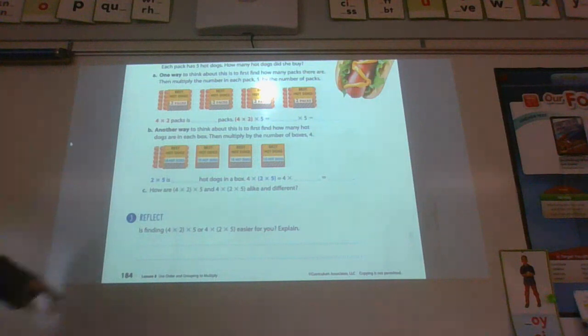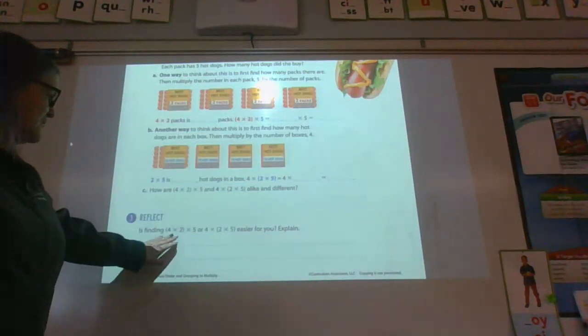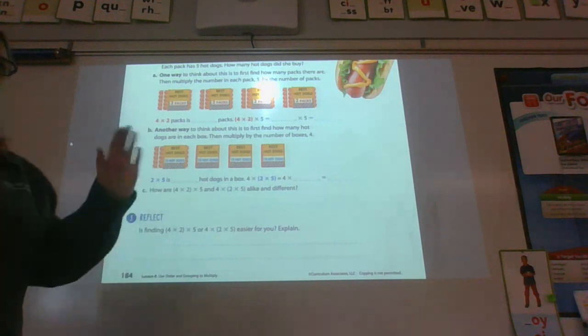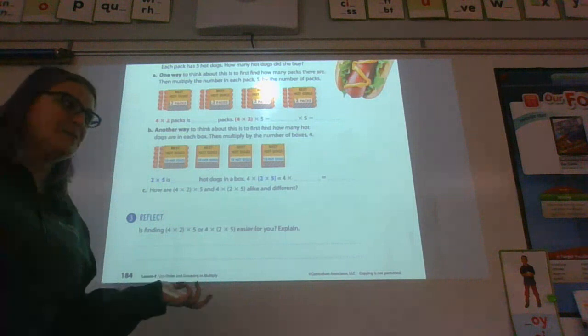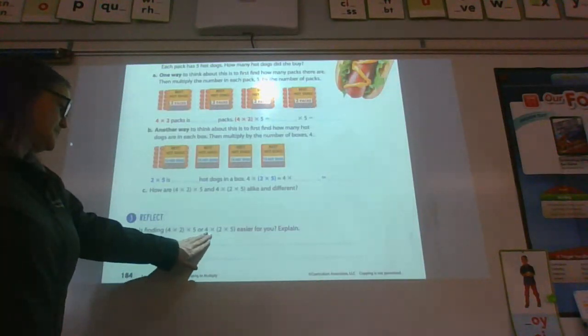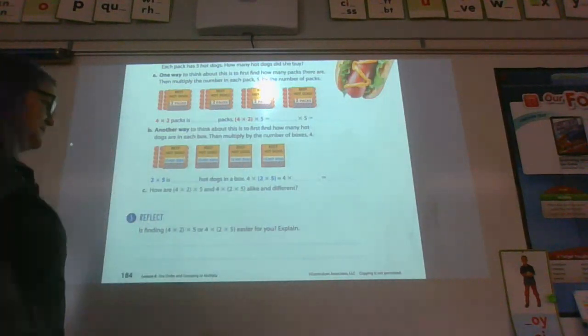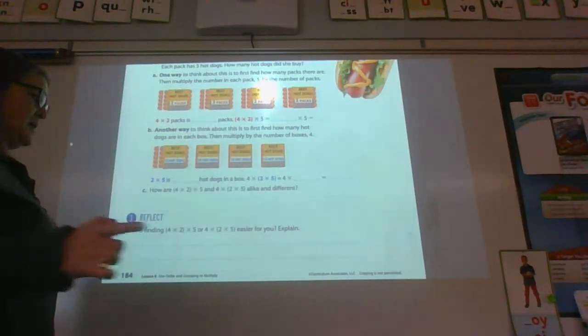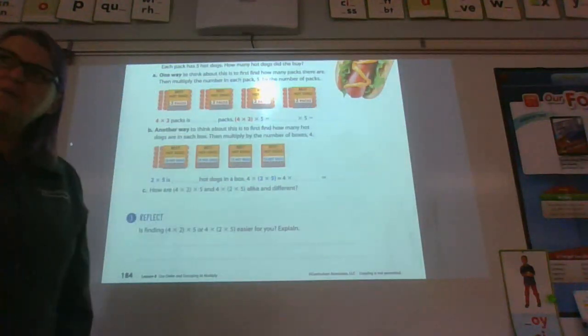All right. Number 3 is finding, I don't even know what's the best way to say it, parenthesis 4 times 2, close the parenthesis, times 5, or 4 times 2 times 5, easier for you. Explain.